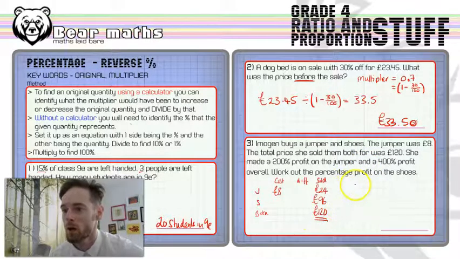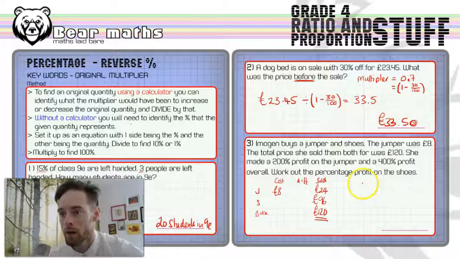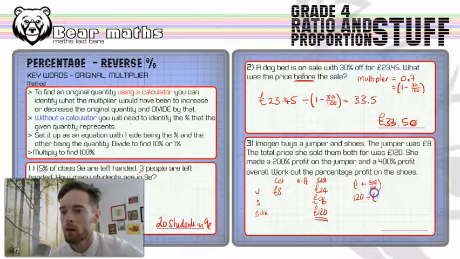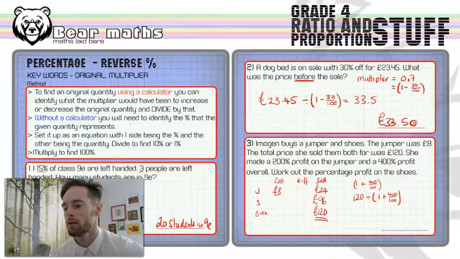We're going to work out what the multiplier would be to increase something by 400%, and that would be 1 plus, so this is why I'm using my brackets, 400 over 100, and then close that bracket. That is what we're going to divide by. So we're going to take the 120 and divide by 1 plus 400 over 100, and that's going to give me the calculation that I need.